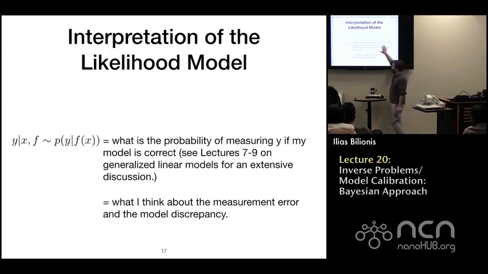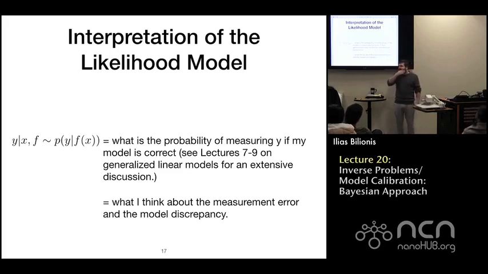So lectures 7 and 9, where we talked about generalized linear models, are very relevant here to understand what likelihood really means. It's really what you think about the measurement error, the process that adds error or disturbs a little bit the actual hidden value that you cannot observe, and the model discrepancy.